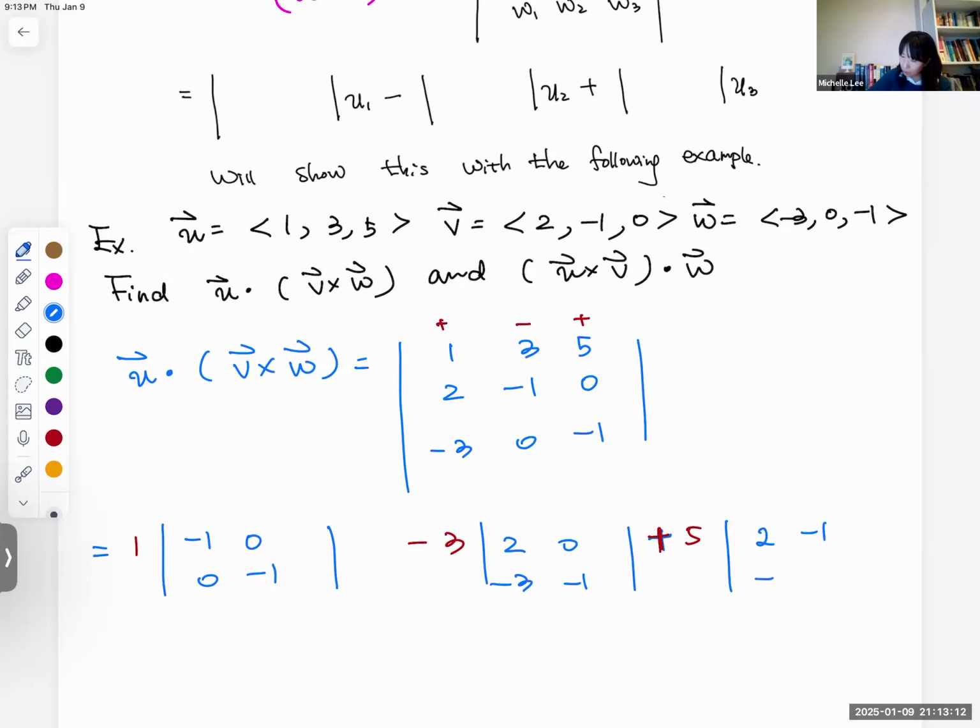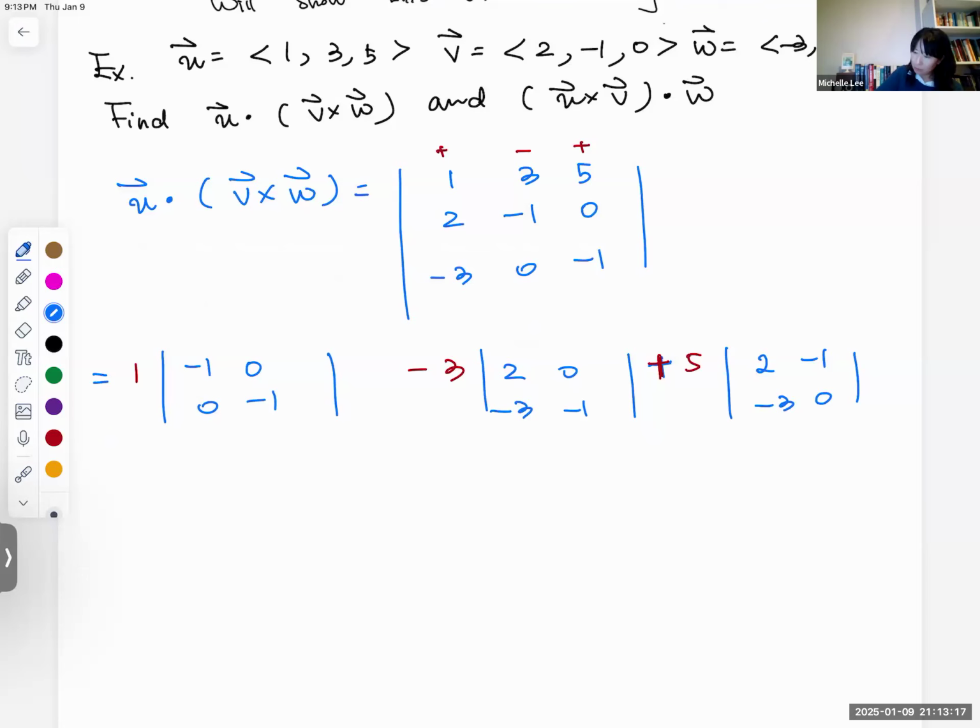So that will be multiplied this way: 1 minus 0, minus 3 times negative 2 minus 0, and times 3.